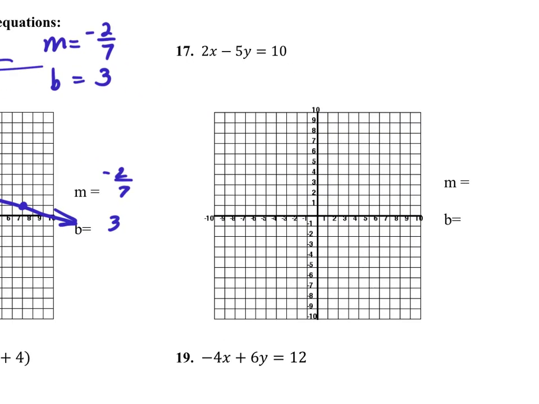17, not in slope-intercept form. So I slowly do the 2 steps to get me there. Move the x term. Left-hand side, these knock each other out, so I'm left with a negative 5y equals negative 2x on the left, this guy, and then that 10. And then divide away the negative 5.